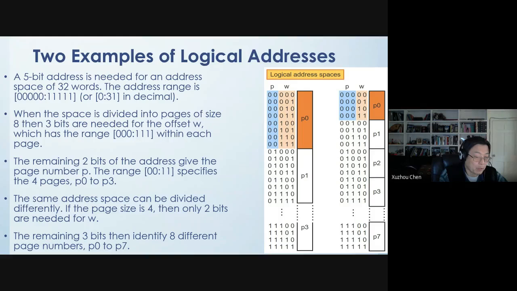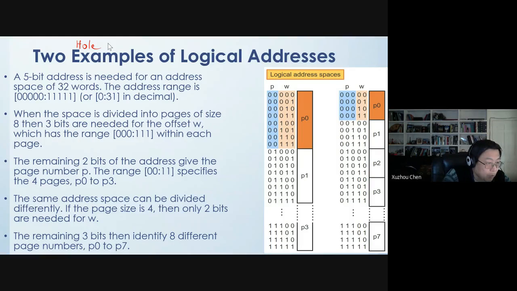The reason is that with memory allocation, you expect to see a whole bunch of programs scattered all over the place, and also a whole bunch of holes in between. When I say hole, that means free memory space. So that's the situation with consecutive memory allocation.